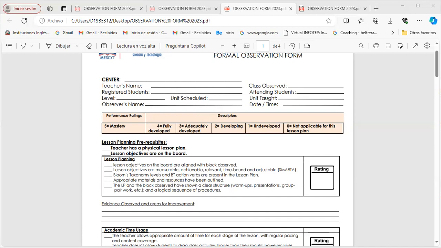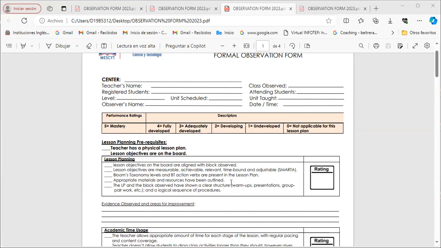Well, here are the performance ratings and the descriptors. You're going to write a number based on the observation and evidence you observe here on the right. Then you are going to check the criteria that you observe, and you have an option not to check or put an X on the criteria you do not observe during the class time, the block observed.